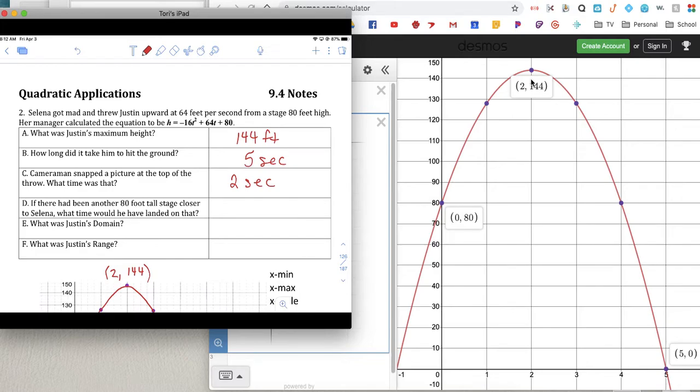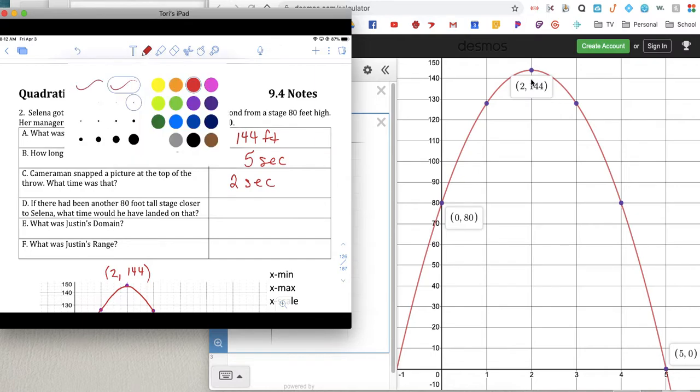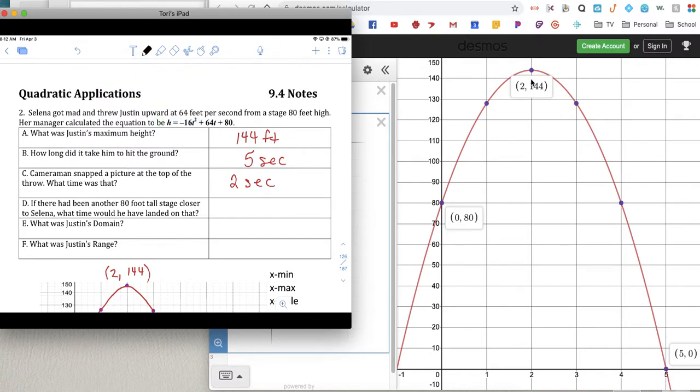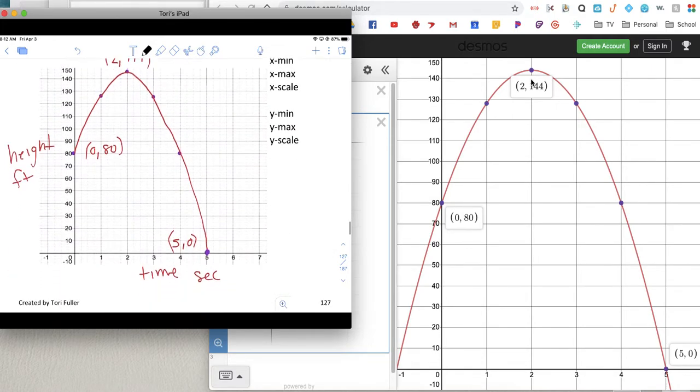If there had been another 80-foot tall stage closer to Selena, what time would Justin have landed on that? All right, so here's how I think about that. I think about if here is 80 feet, right? Say that's the stage. If she threw him up, but he stayed on the stage, what time would he have landed on that?